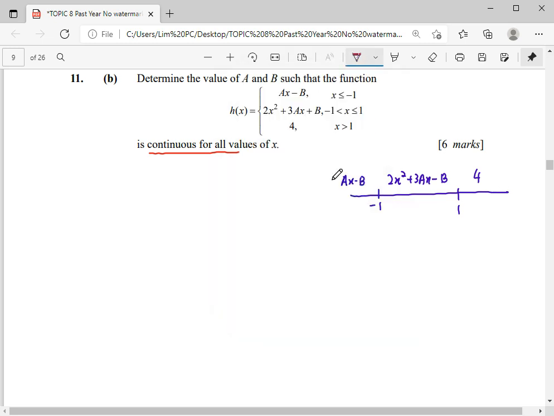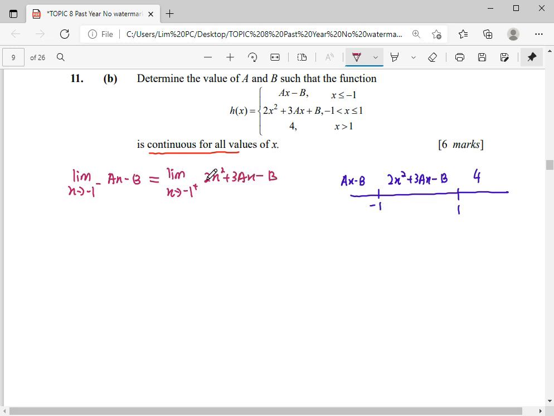So we do the first part here, which is our changing function at the point x equals -1. We build out the continuity here, which is x approaches -1 on the left hand side, function ax minus b, definitely needs to equal x approaches -1 on the right hand side, where our function is 2x squared plus 3ax minus b.